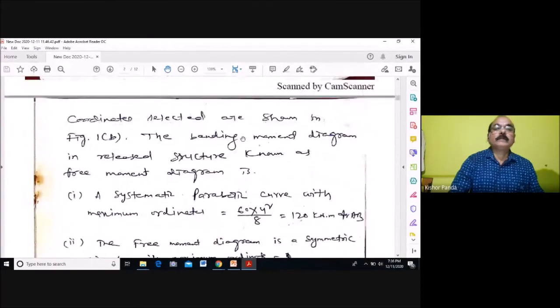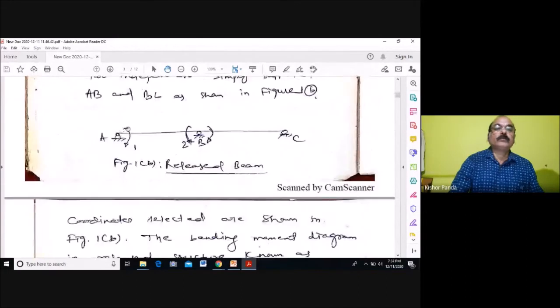The coordinates are selected as shown in the figure. You have to select the coordinates. Because you are taking the moment MA as a redundant force and the moment MB as a redundant force, you have to choose the coordinate that is the rotation. If you are taking the moment as a redundant force, then you have to choose the rotation.